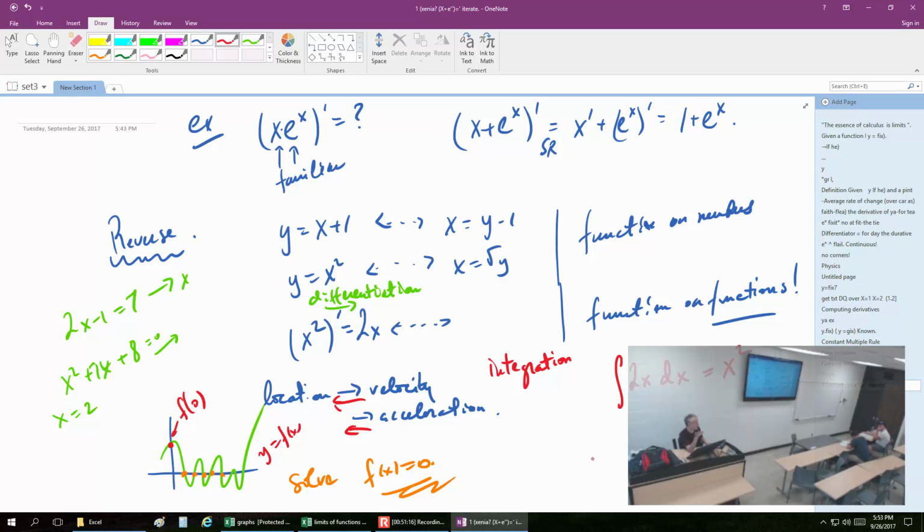You sample your velocity. How do I find location from velocity? I sample my velocity, and then I assume that during each of those time periods, my velocity is constant. So I multiply the velocity by the time, add, then again multiply the next velocity by time, and add and add and add. And that's what we did on the very first day of classes, remember?